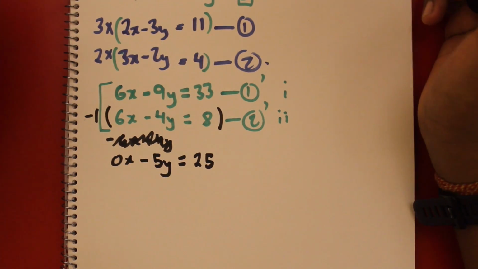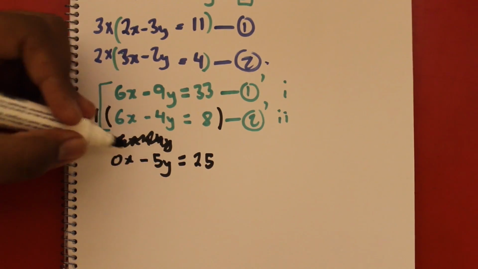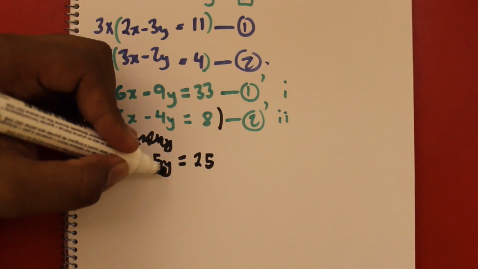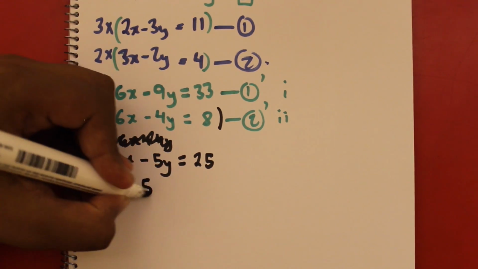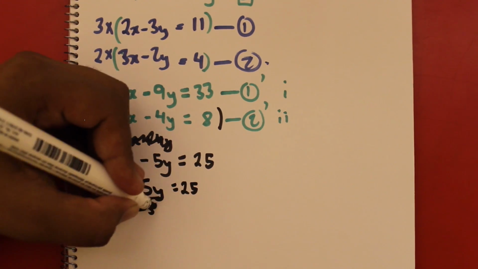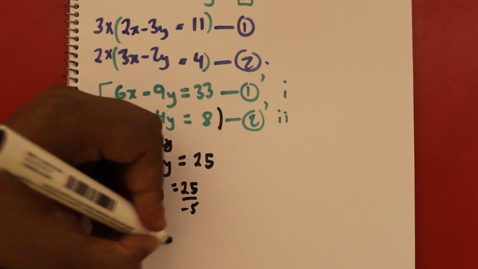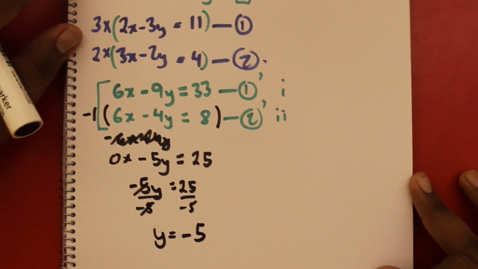So because of this, I'm able to know my value for y. I've eliminated x, therefore leaving me with only one variable, which is y. So minus 5y is equal to 25. Therefore if I divide both sides by negative 5, I get my y as minus 5. So that's my y done.